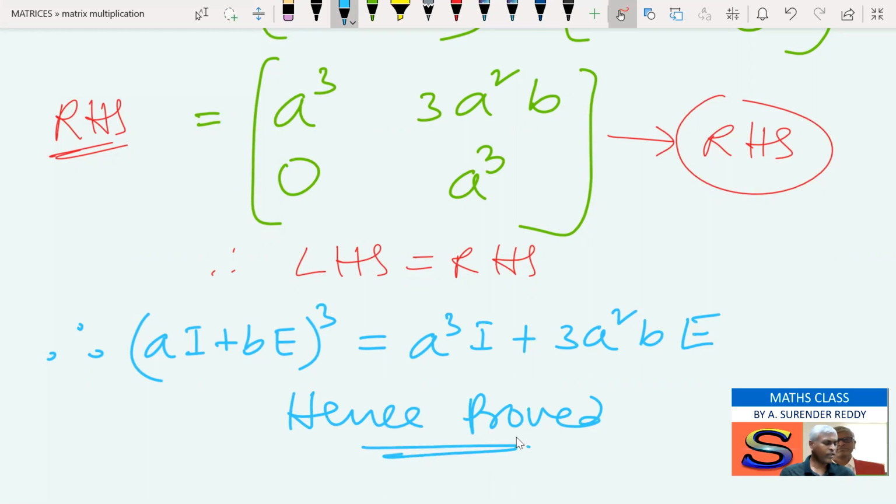So both are equal in this case. A simple problem.